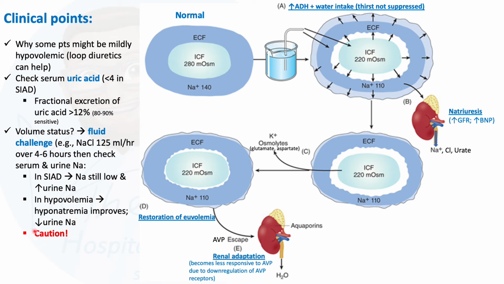But of course you have to exercise caution here and be careful, because you don't want to make the sodium worse, and at the same time you don't want to make the hypervolemia worse. But you can do that if you're not really sure, but it needs close monitoring.